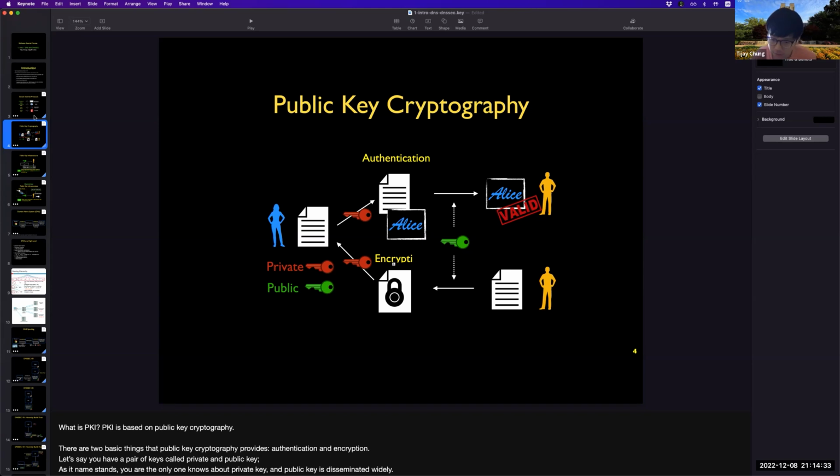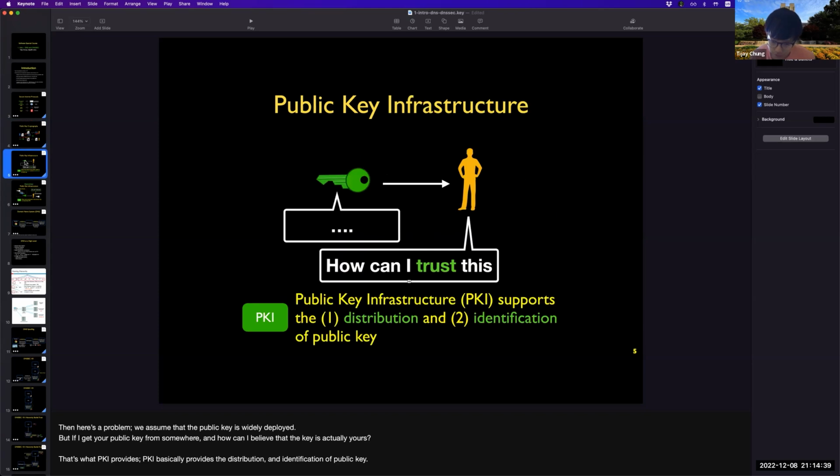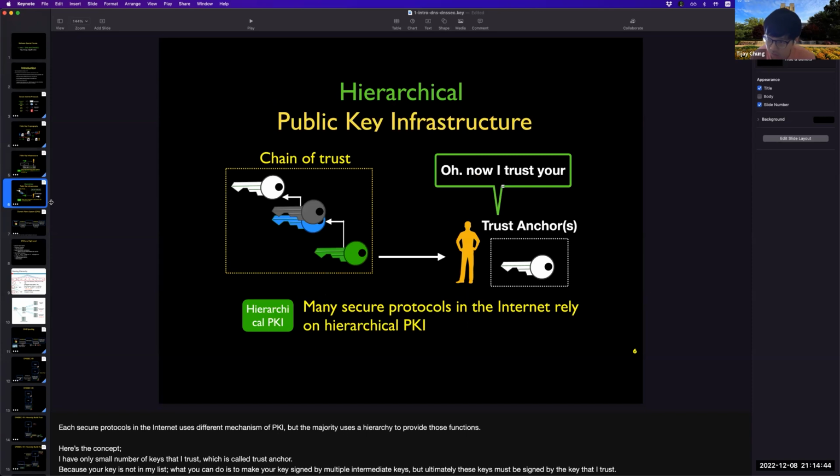Encryption is using a public key to encrypt something, right? But the problem is how you can verify the public key. So we use public key infrastructure, typically hierarchical public key infrastructure, to provide key integrity and key identification.